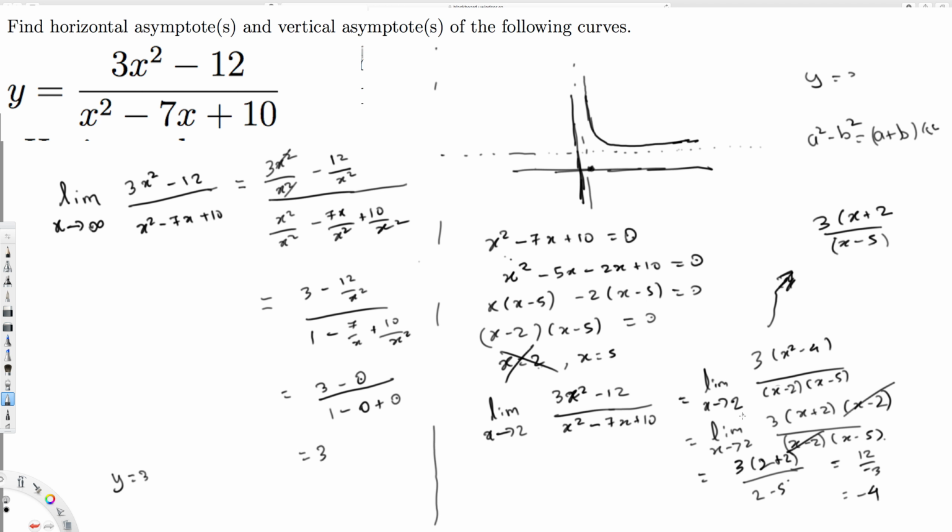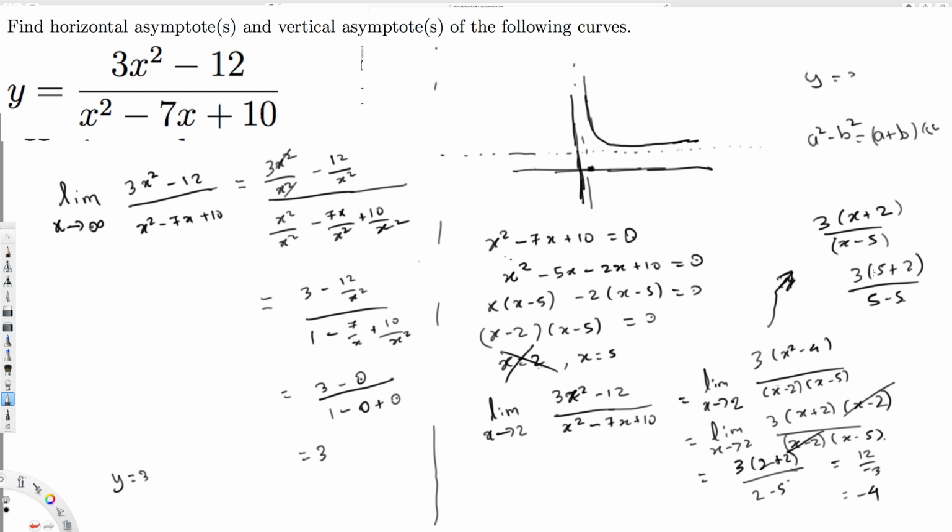Before we put the 2 here, now I'm going to substitute the 5 here. So 3 times 5 plus 2 over 5 minus 5.